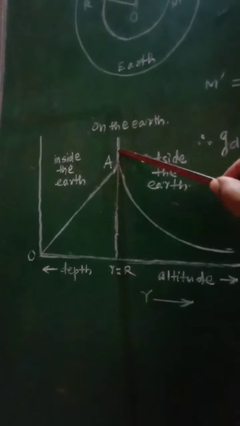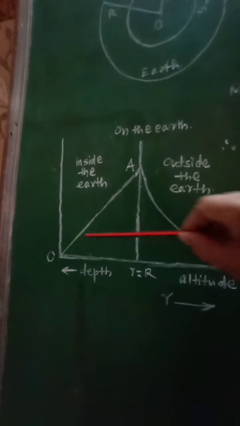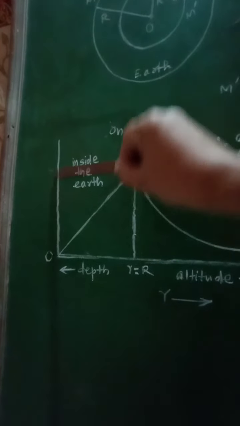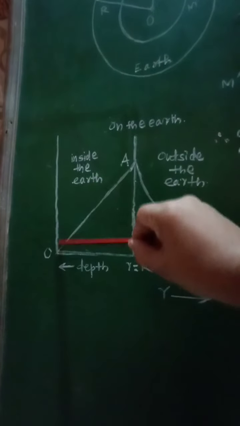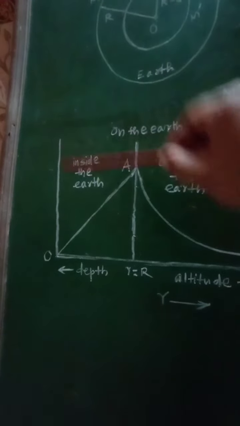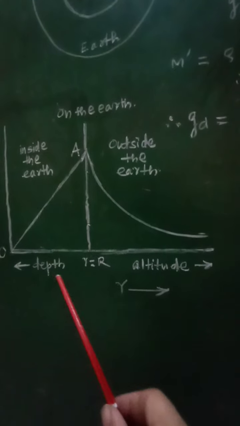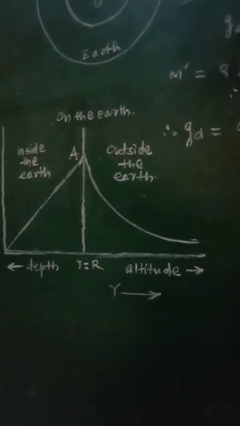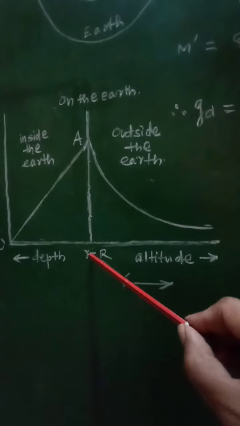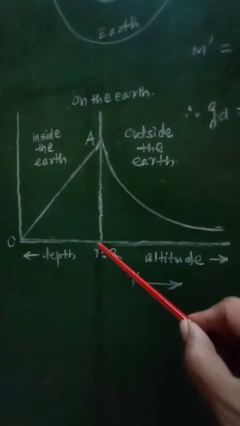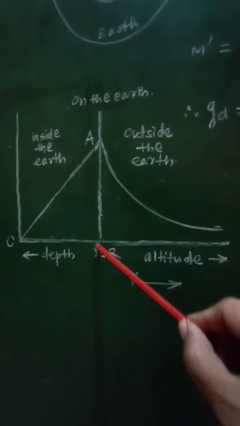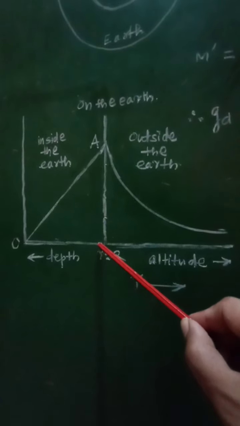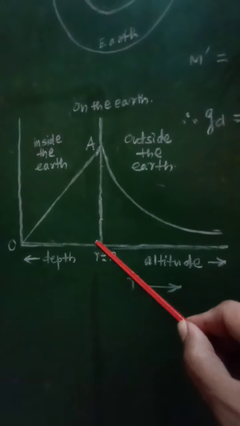The value of g will be plotted along the y-axis, and the value of r, that is the distance, will be plotted along the x-axis. So this point, r is equal to r, will represent the earth's surface.